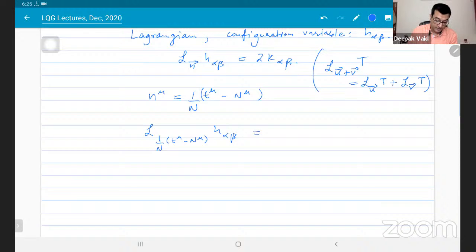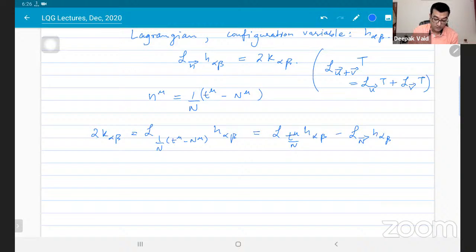So this can be written as the Lie derivative with respect to T mu by n of H alpha beta, and then minus the Lie derivative of H alpha beta with respect to the vector field n. And all of this is equal to 2 times K alpha beta.